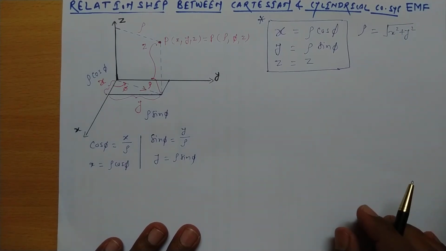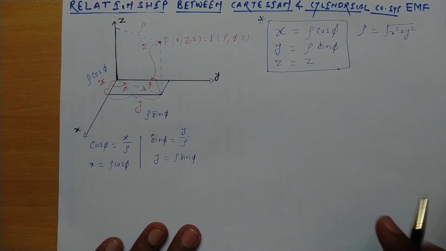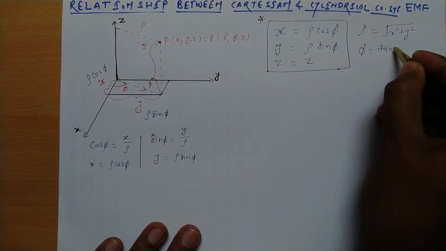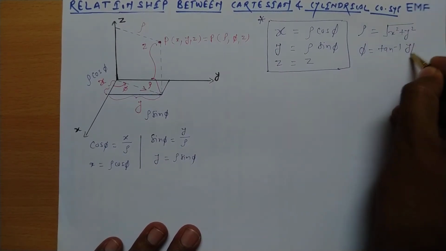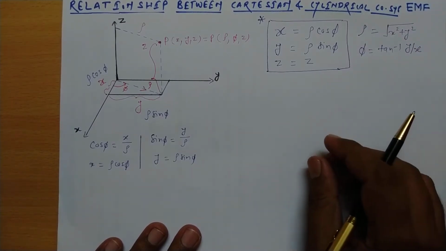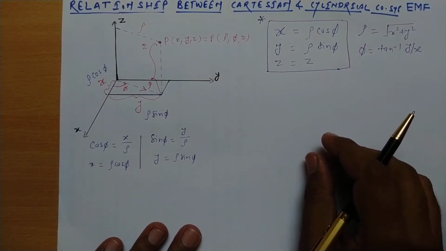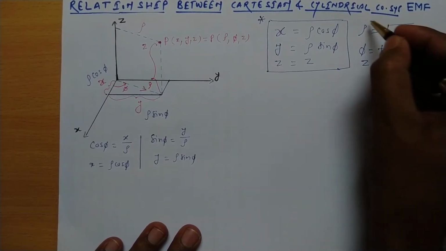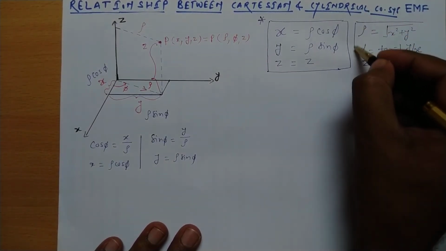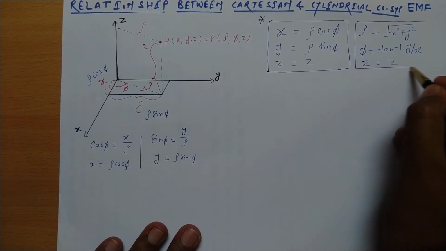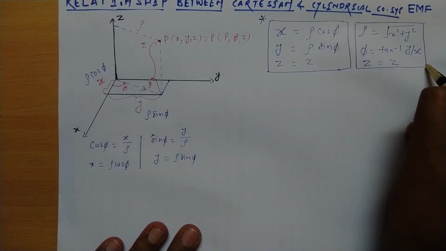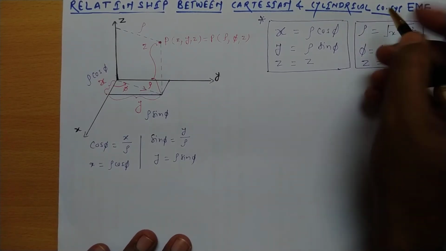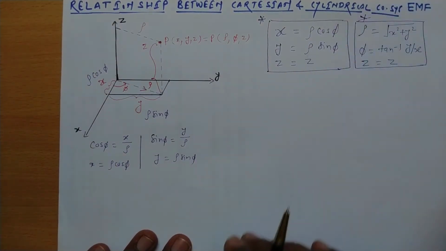The angle phi will be given as tan inverse of y by x, and z will be given as z. These are the cylindrical coordinates in terms of the Cartesian coordinates. Very important again for numericals.